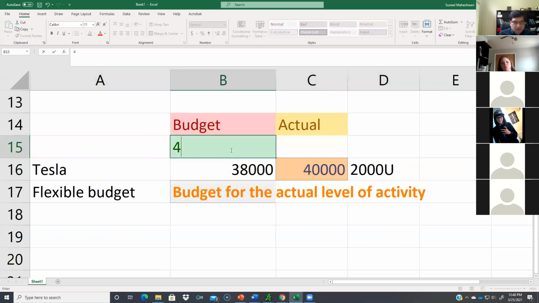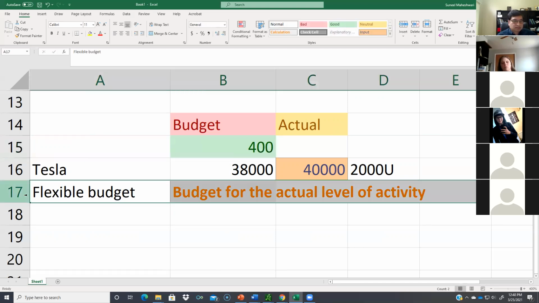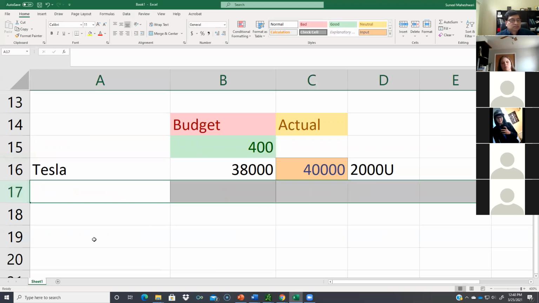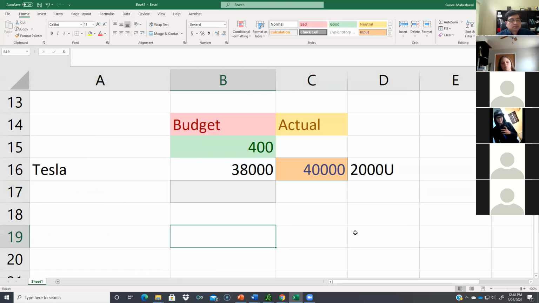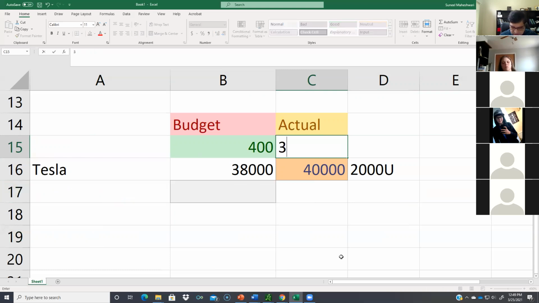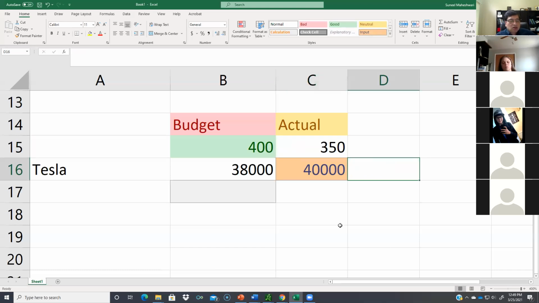Suppose you budgeted to sell 400 Teslas, and you ended up selling, say, 350 Teslas only, and the actual price was, say, 40,000.